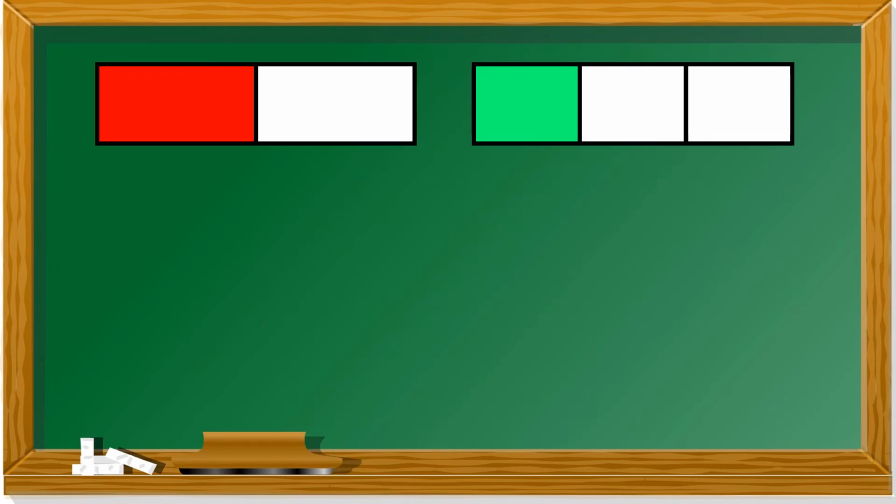Now we look at this example. The one with the red shade, there are 2 parts. One part is colored, so this is 1/2. How about the green one? How many parts? 3. One part is colored, so it's 1/3.